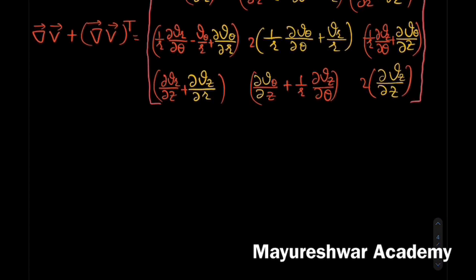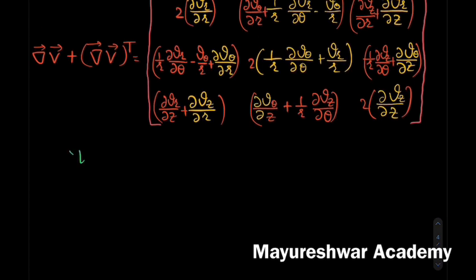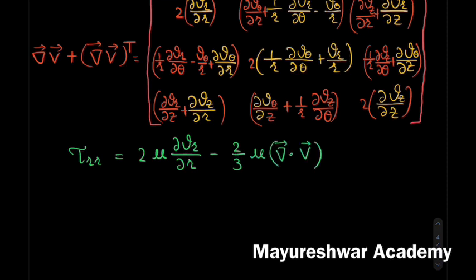Okay, so now let us write down the tau rr term from this, which is the first component in the matrix, first row and first column, minus 2/3 of del bar. This term will be present only for normal stress terms, as I have already said.